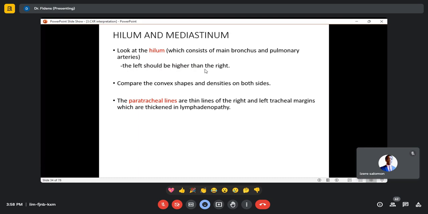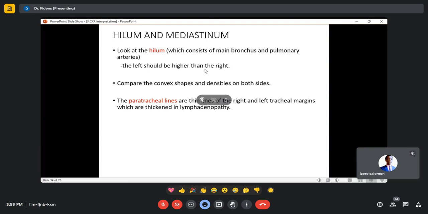So for the hilum and the mediastinum, look at the hilum. Remember the hilum consists of the main bronchus and the pulmonary arteries, normally near the mediastinum. The left one should be a bit higher than the right one, by 1.5 centimeters.